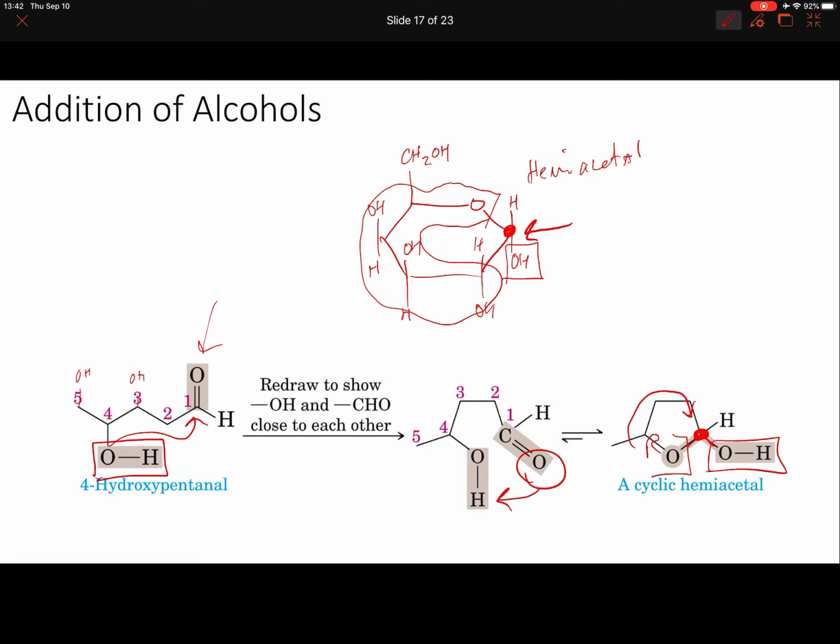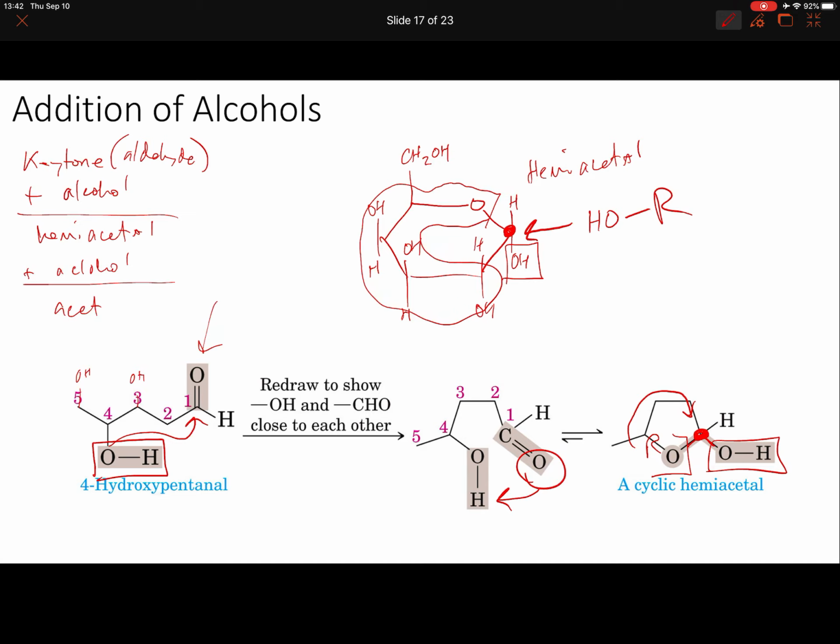And then when we add two sugars together, we're going to see the acetal formation. So let's take a look at what happens. So all I'm saying there is that when you bring in another alcohol and react another alcohol with a hemiacetal, you get an acetal. So let's say it this way. Ketone or aldehyde, right, plus alcohol equals hemiacetal plus alcohol equals acetal.